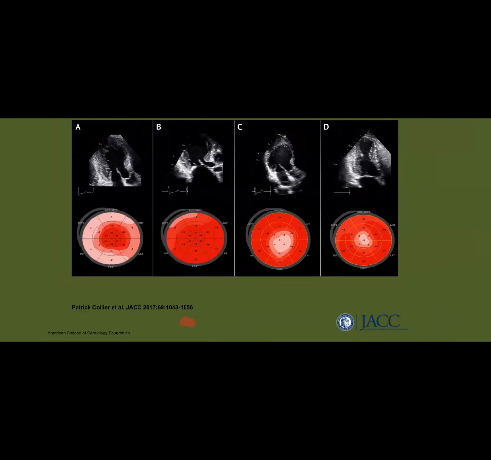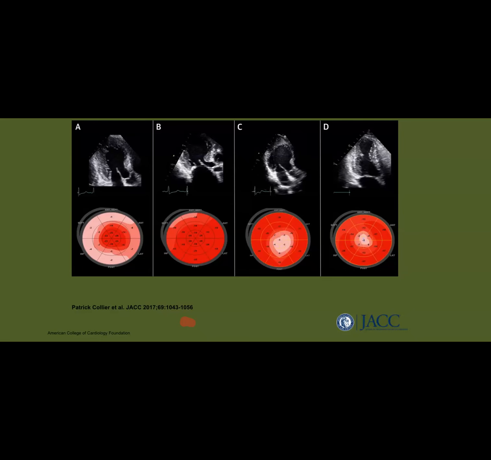The walls are fine, but the apex is hypertrophied, and it looks like that in the strain. Now, what do you think about the last one, D? This is mid-LV hypertrophy. Okay, but why is the apex of low strain? Apical ischemia, apical infarction. Thank you so much. That's an apical infarction.